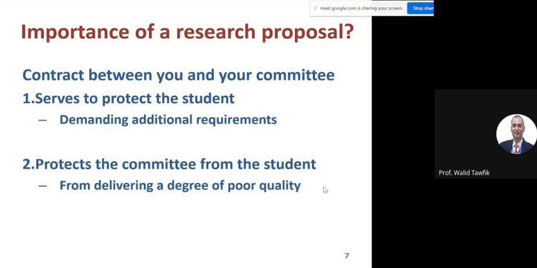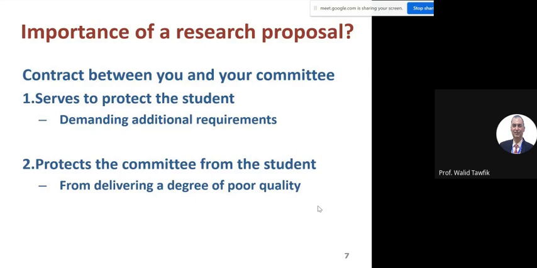Contract between you and your committee. We have to sign something like a contract demanding additional requirements between the committee and the student, for example, authority of the publications and funding and salaries.